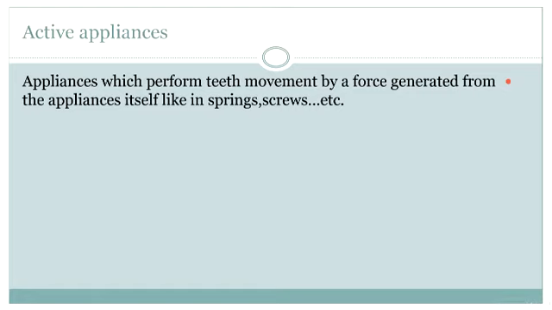Active appliances perform tooth movement by a force generated from the appliance itself, like a spring, screw, and other types. This type of screw or spring has a different cross section and a different length, and therefore exerts different types of force on the teeth.